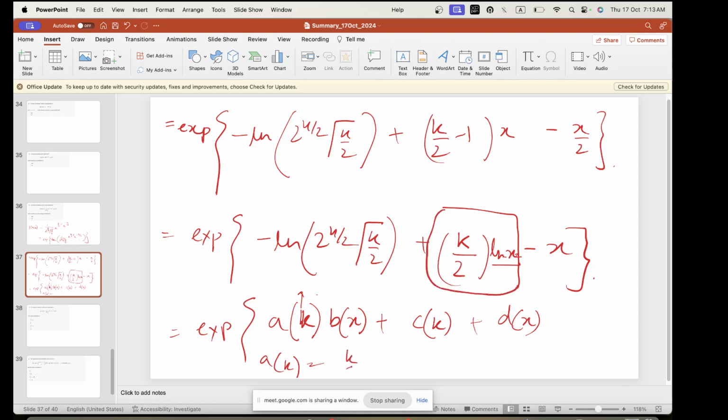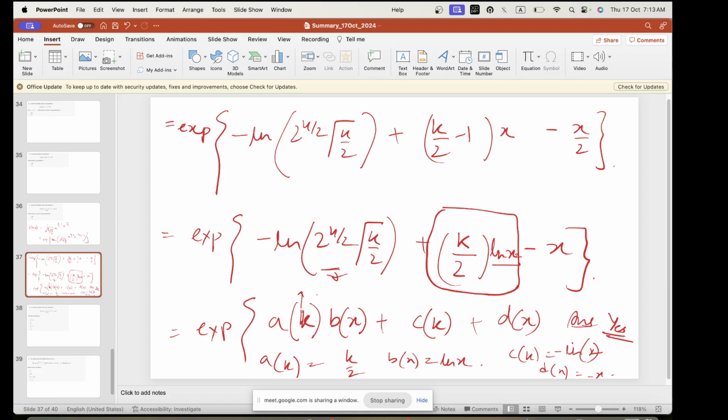So a(k) will be k by 2, b(x) is ln x, c(k) is this log function minus ln whatever, this star term, and then d(x) is again minus x. So you see this pdf is mapped to that exponential form. So we can say that yes, it belongs to the exponential family of distributions.